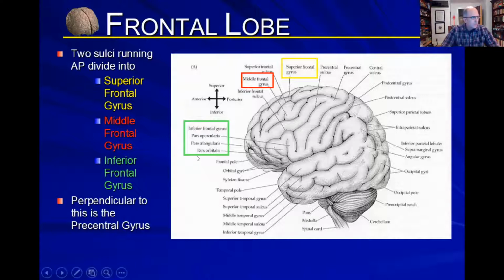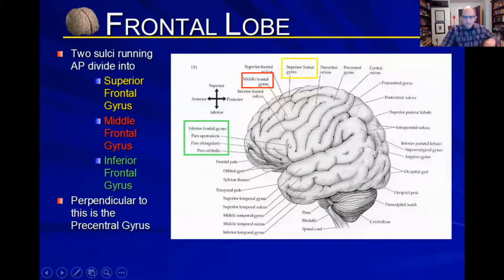Looking at my cartoon here, you can see there are 2 sulci running in an AP direction that divide the frontal lobe into a superior frontal gyrus, middle frontal gyrus, and inferior frontal gyrus. Those run perpendicular to the precentral gyrus. Here are the superior, middle, and inferior frontal gyri.